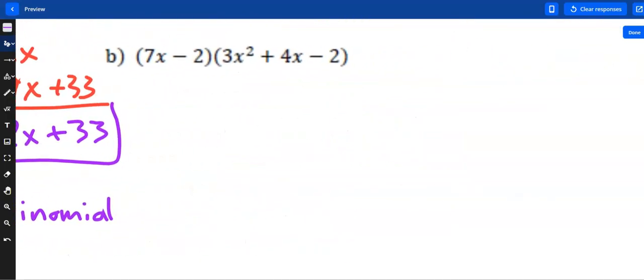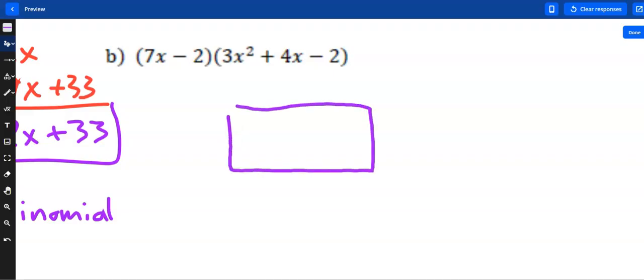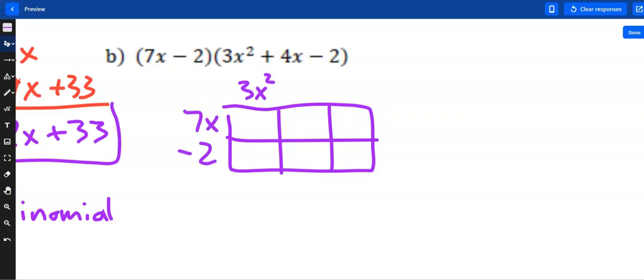Once again, I do not care which method you want to use, so you pick whatever works for you. If you're a box fan because it helps you organize things, then stay with it. And if that box just annoys you a lot and you don't want to use it, then don't. Simply do what I did and draw the arrows.